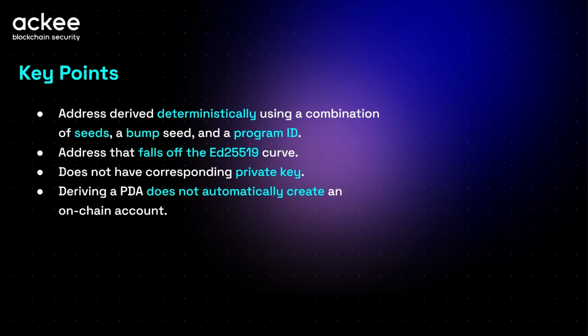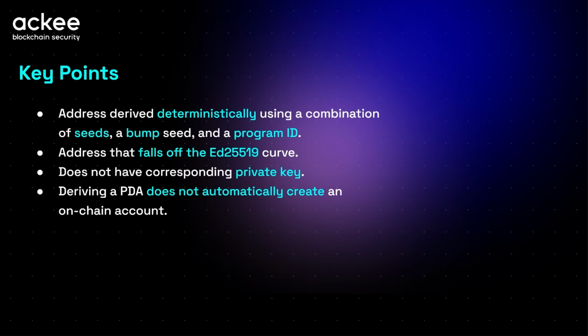So what are the key points you should take from this part? The main idea is that the PDA is an address derived deterministically using a combination of seeds, a bump, and a program ID. So again, if you create a regular key pair, this is just a random private key and its random corresponding public key.